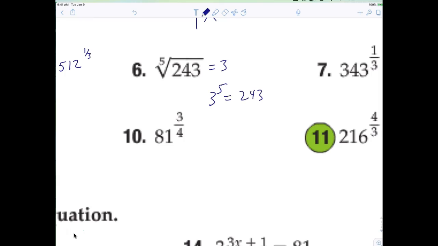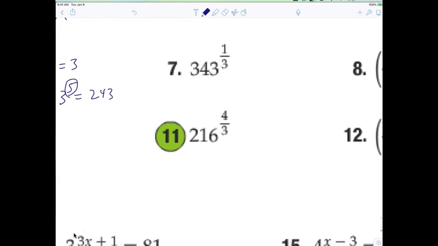So I'm trying to get you to understand that these are called inverse operations. Something to the 5th is the inverse of the 5th root. The reason it's important is because it gives you another tool to solve equations. So now, on to number 7. Type that in for me.